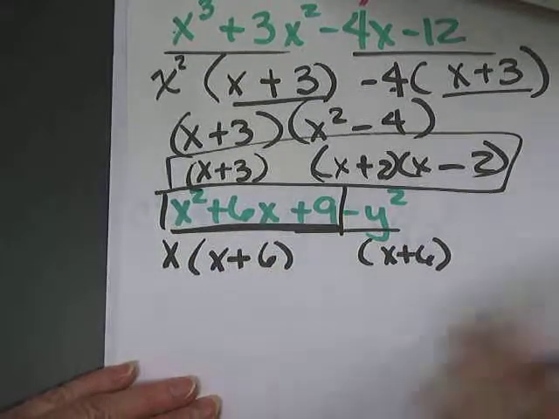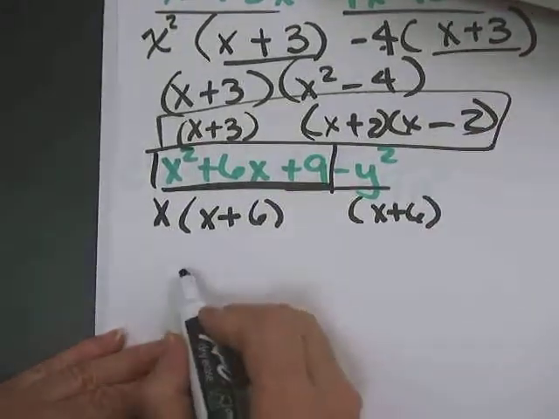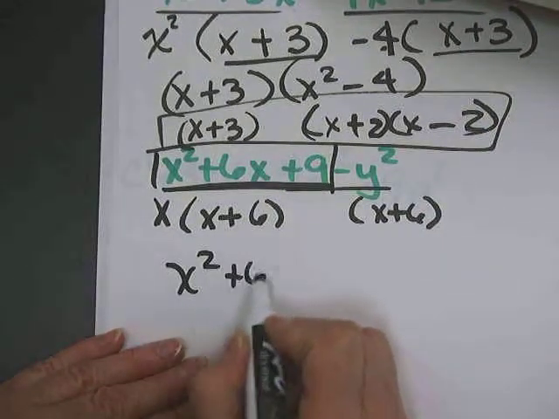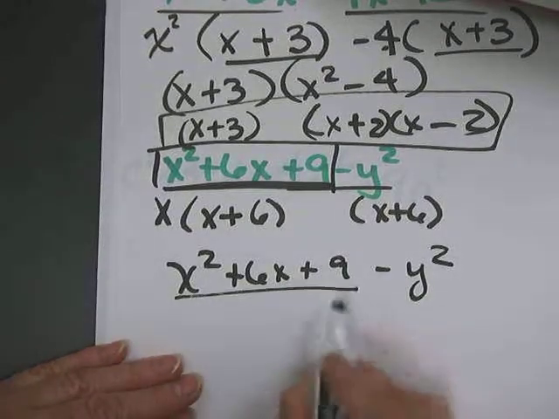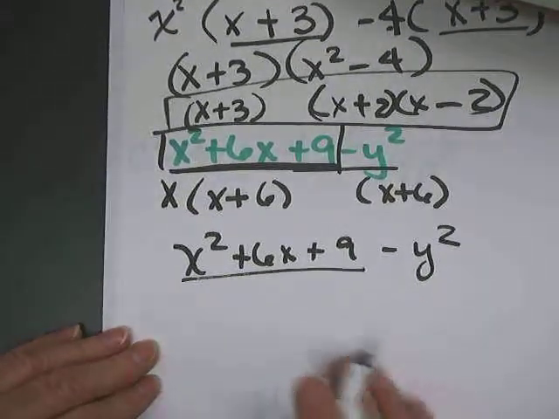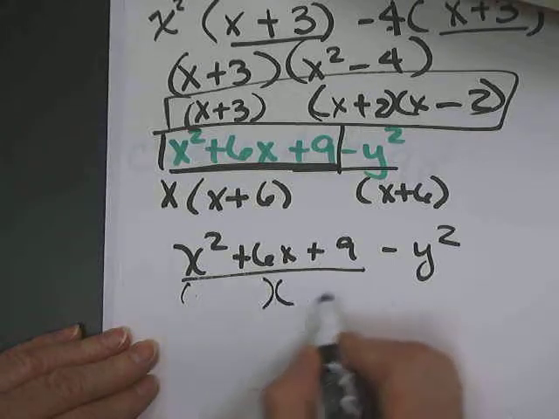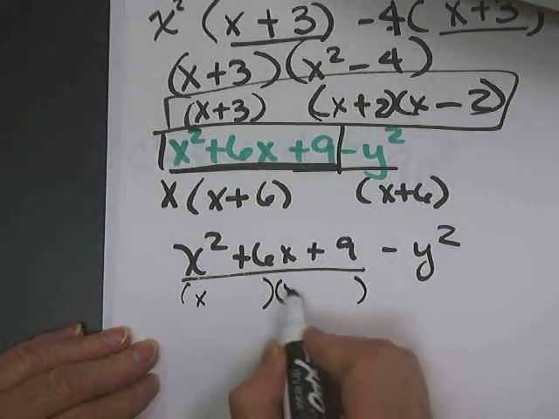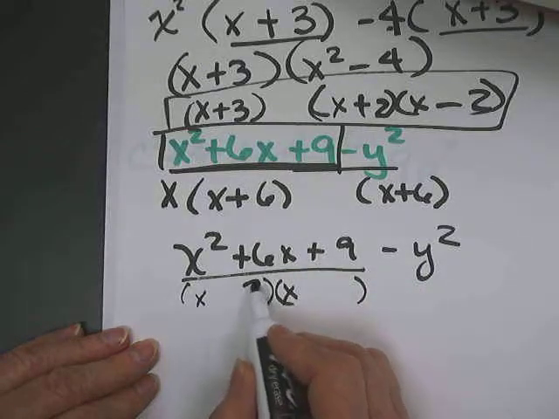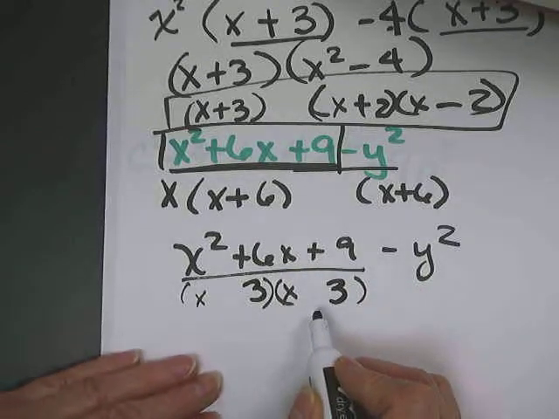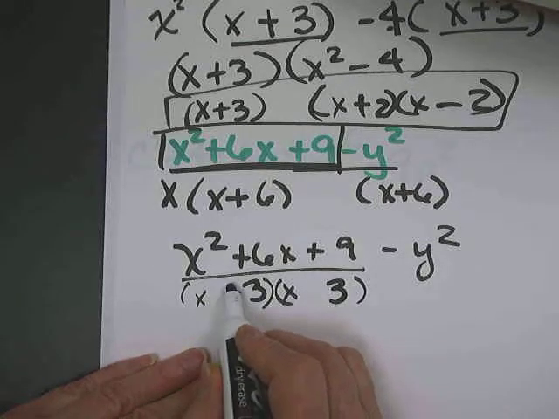Sometimes when you're grouping, it's not always 2 and 2. So if it doesn't work to do that, what you're gonna have to do is start over and maybe group these separately. Okay, that might factor. So we're gonna start over because that didn't work.